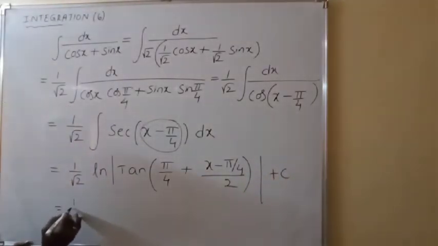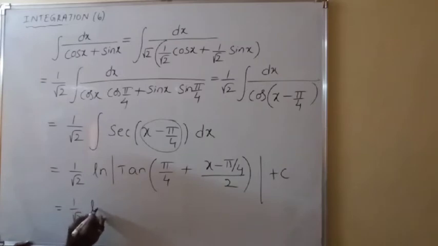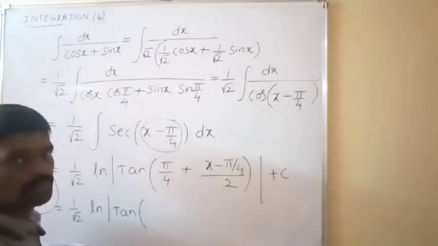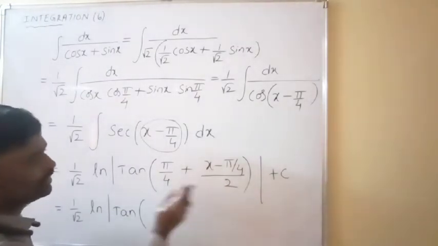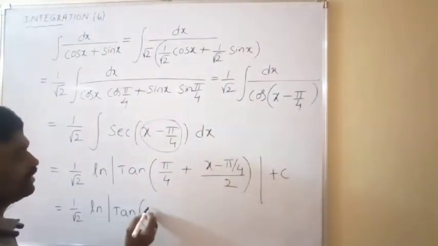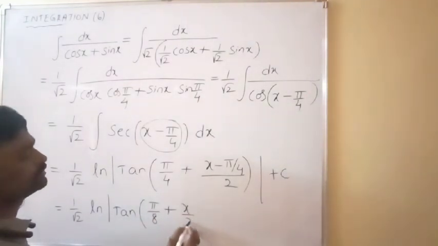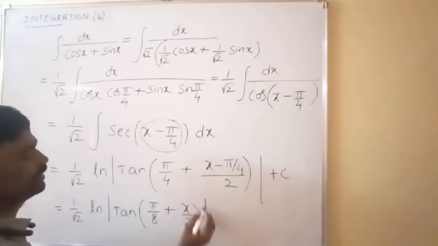So that is 1 by root 2 ln of modulus of tan of pi by 4 by 2, pi by 8, so minus pi by 8. Pi by 4 minus pi by 8 is pi by 8, plus x by 2, plus c.